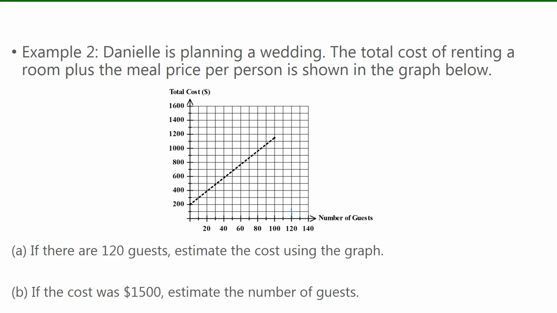So again, placing a ruler at 120 and going straight up, you'll see that the graph does not touch. So we'll have to extend our dotted line. Of course, it's a dotted line as this data here is discrete. So if I look at around this point right here and then go straight across, I can estimate the cost then.